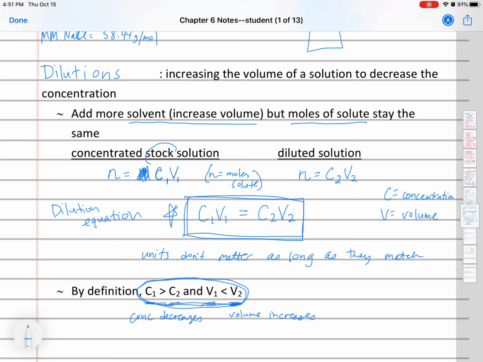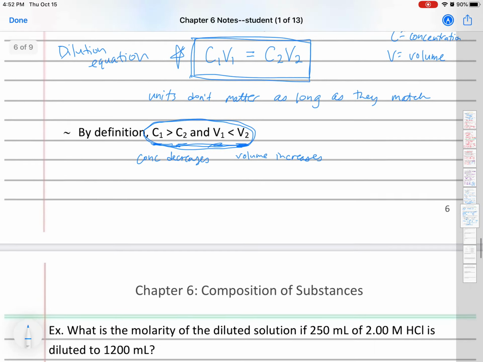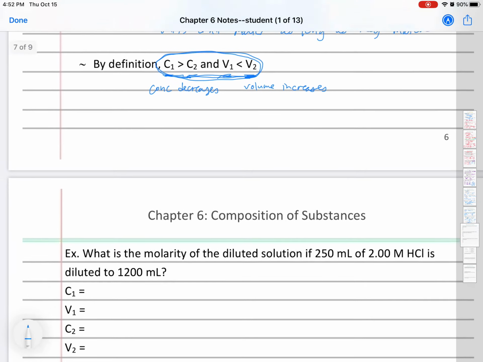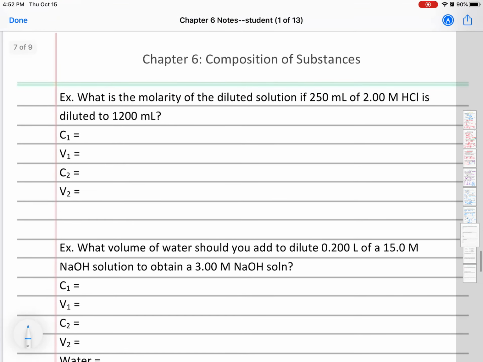It doesn't matter as long as you're using the same units for both. So as long as your initial volume is in fluid ounces and your final volume is in fluid ounces, it doesn't matter. Unlike when we're calculating molarity, molarity very specifically needs to be in a volume of liters, okay? But for calculating dilutions, it does not matter what the units of volume and concentration are as long as they match before and after.